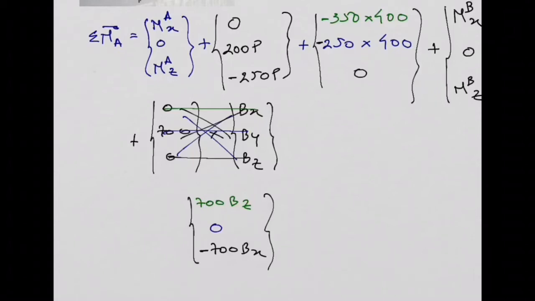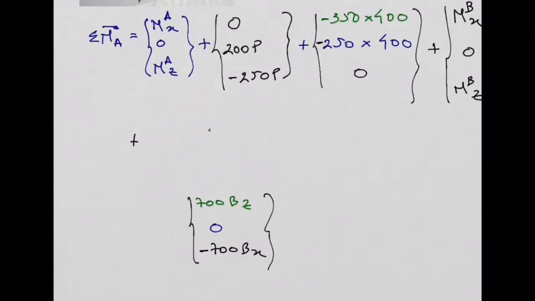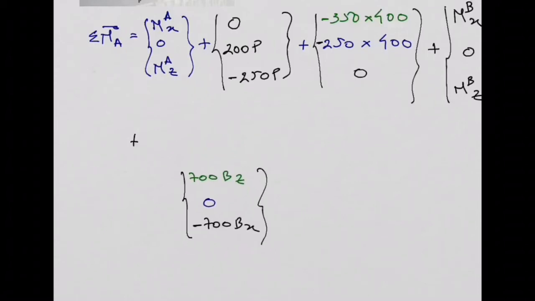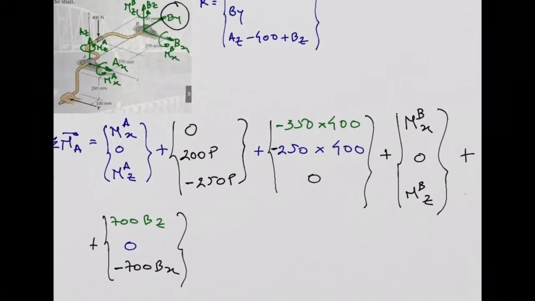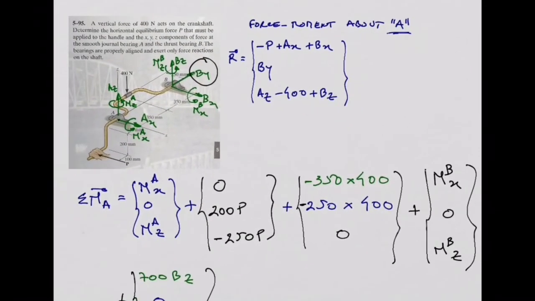Good, good. So let me replace this one now by this result. Okay, and just to finalize, you can see that we built the equivalent system, force moment, at point A. Now the next step, again, is equilibrium equation.